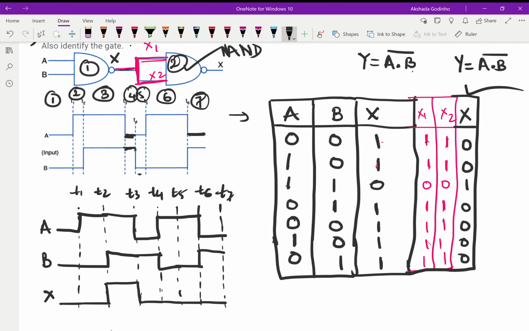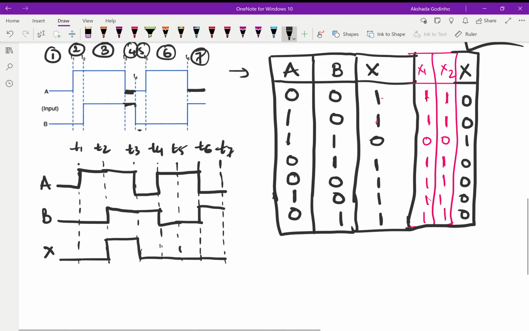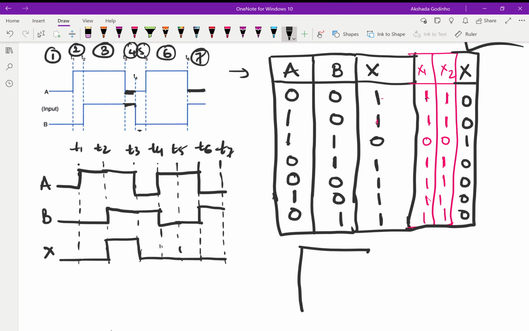Yes, and if you are asked to identify the gate, then you will draw again another truth table. I'm giving you a few seconds. You can start drawing the truth table, looking at what is given to you. A, B, and the value of x.